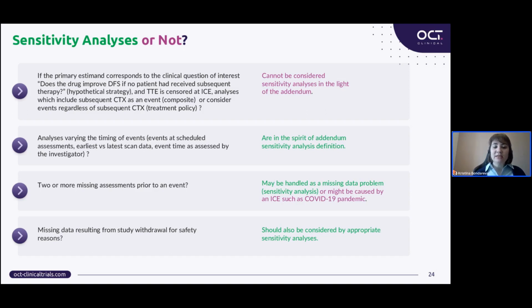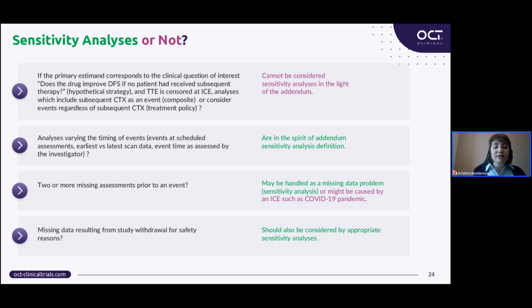And time to event is censored at the intercurrent event occurrence. Would the analyses, which include subsequent anti-cancer therapy as an event, or consider events regardless of subsequent therapy, be considered sensitivity analysis in the light of the addendum?